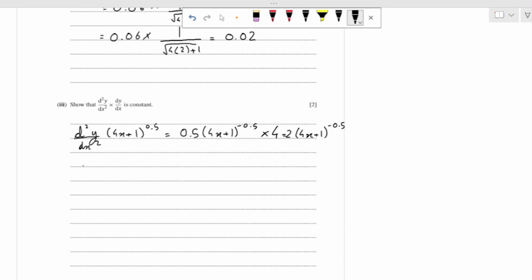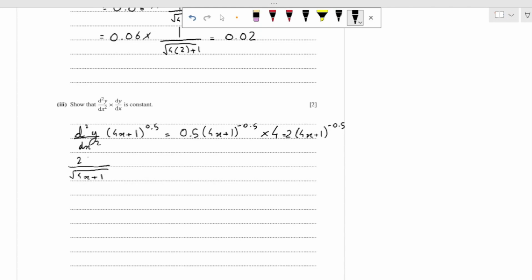And now let's write the equation d2y over dx square into dy over dx. That would be 2 into (4x plus 1) to the power minus 0.5. Let's write this in this way. It was minus 0.5, so 4x plus 1 will go down, and it was 0.5, that means it would be a square root.